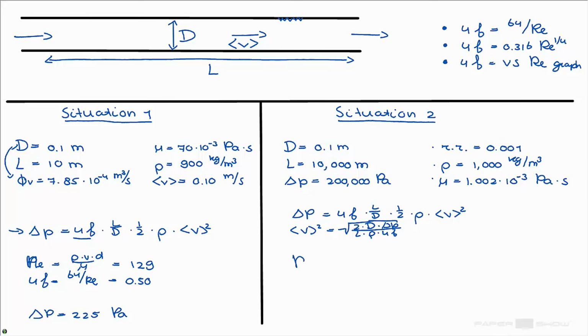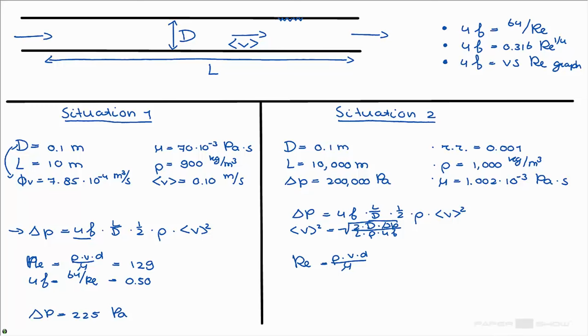And again, I'm going to determine Reynolds, for we have to know it to decide how to determine the friction factor. And in this case, we can estimate that it's in the turbulent regime, since it is water and it's probably not flowing very slow.